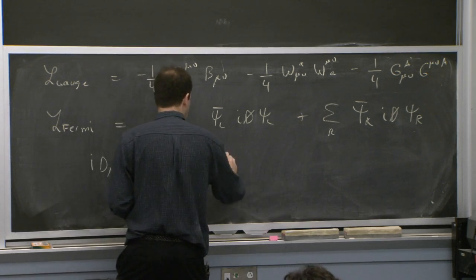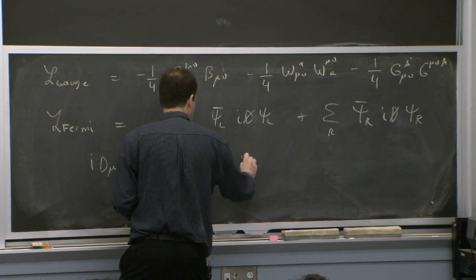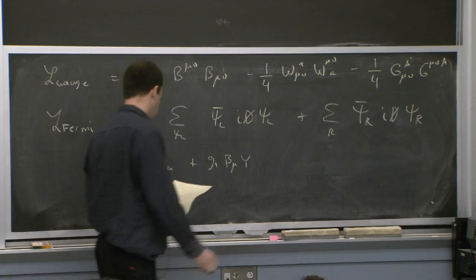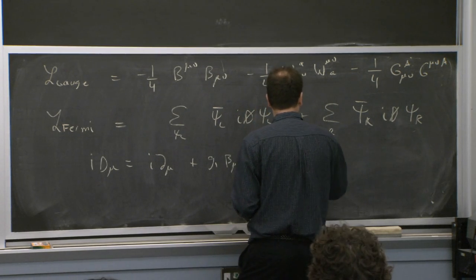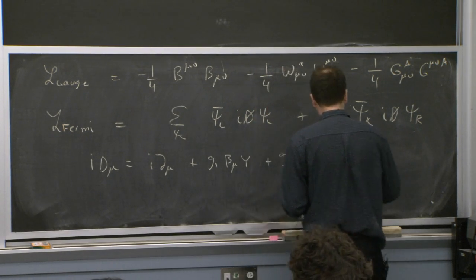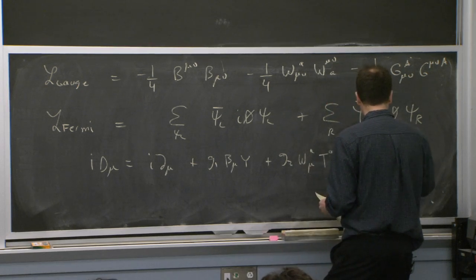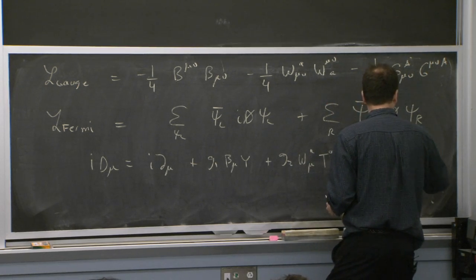So there's some gauge coupling g1 for hypercharge, some gauge coupling g2 for SU(2) weak, and some gauge coupling g for QCD.